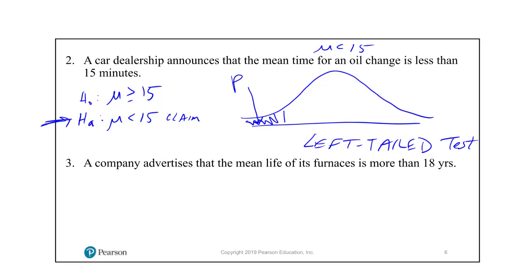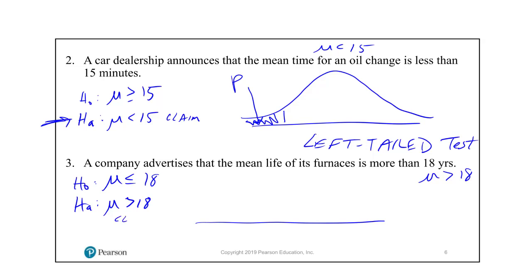Mean life of furnaces more than 18. Again, this would be mu greater than 18, which doesn't have an equality in it, so that has to be the alternative. The null would then be the rest of it, mu less than or equal to 18.